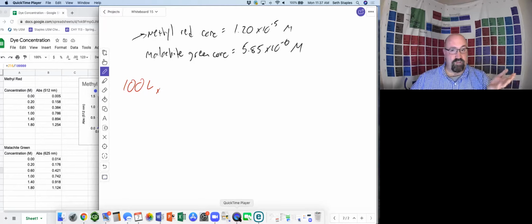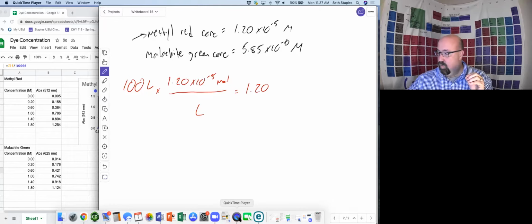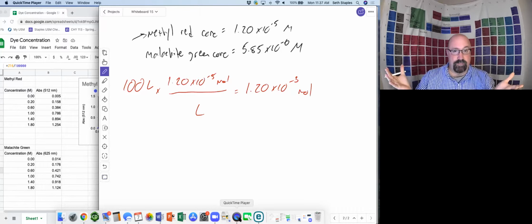Remember, the units of molarity are just moles per liter. So if the fish takes in 100 liters of water, we multiply that by our molarity, and we find that the fish is then taking in 1.0 times 10 to the negative third moles of methyl red every day.